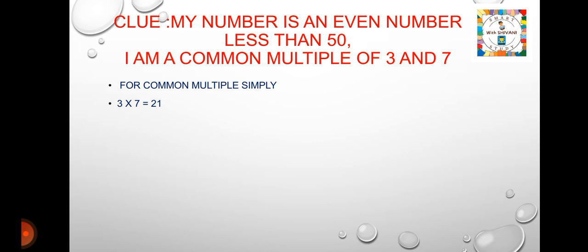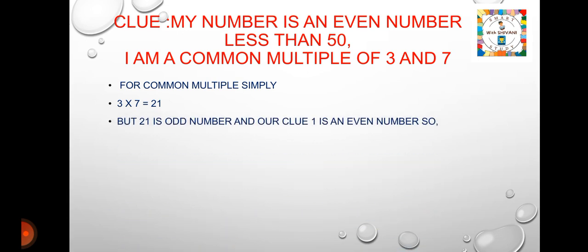Now we will go back to our clue 1, which says that my number is an even number and it is less than 50. So obviously 21 is an odd number, so this option is ruled out. Now we will check the table of 21. So 21 times 1 is 21, but that option is ruled out.